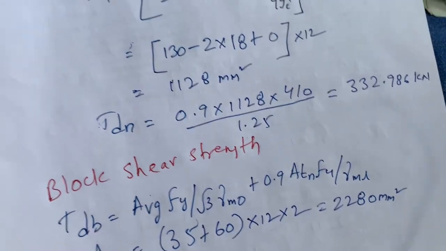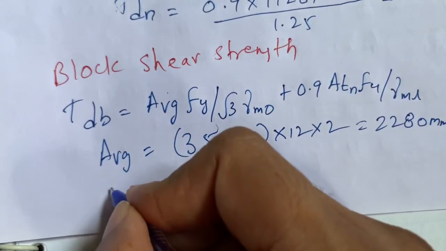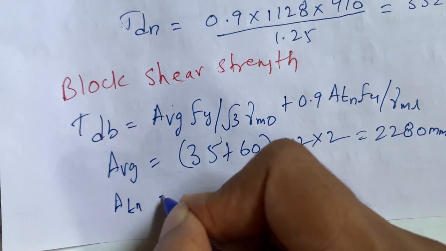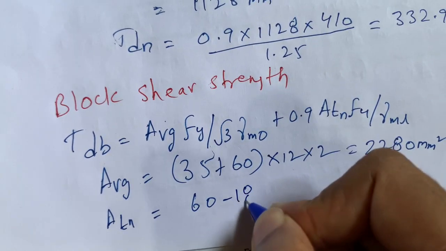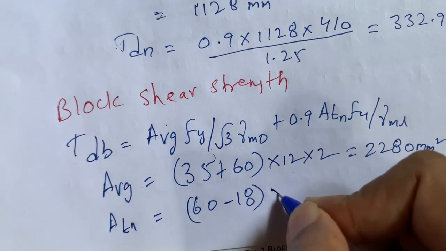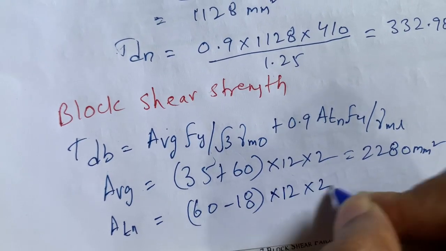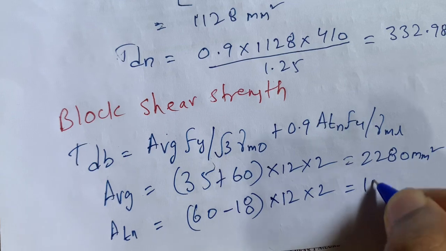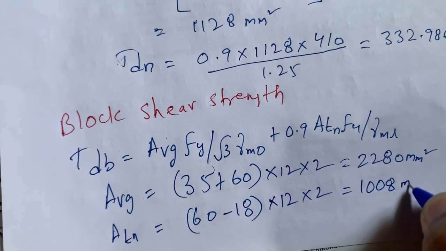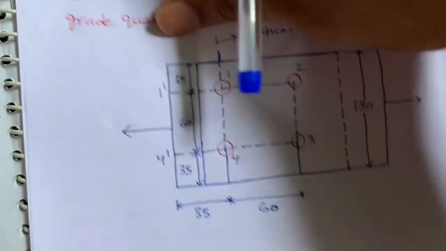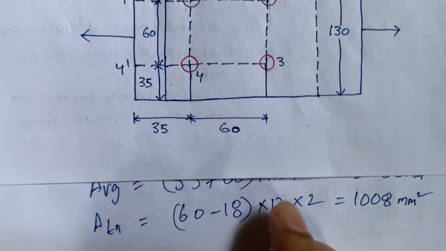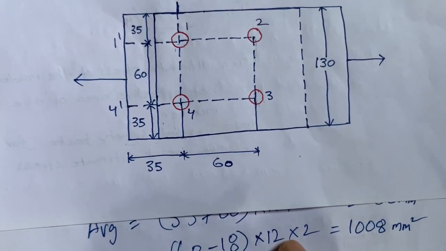So tension means ATN, area of the tension. So that is (60 minus 18) into 12 into 2, that is 1008 mm square. Just see, I will explain how I got the value. So this is our diagram.